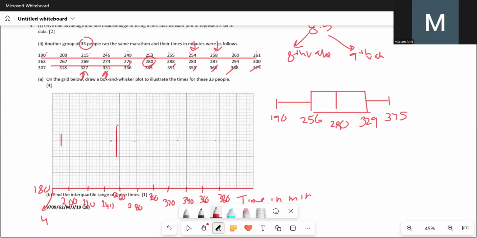Next is 280. 280 is simply this line right here. Next is 329. So 320, then 324, then 328, and then slightly more than that, so like this. Next, the last point is 375. So this is 360.